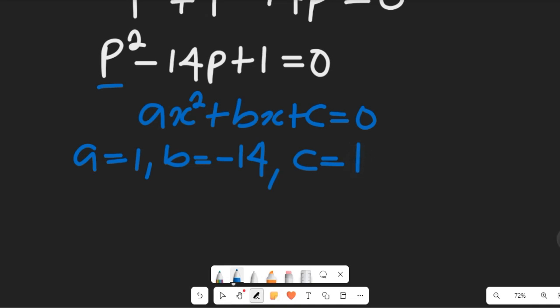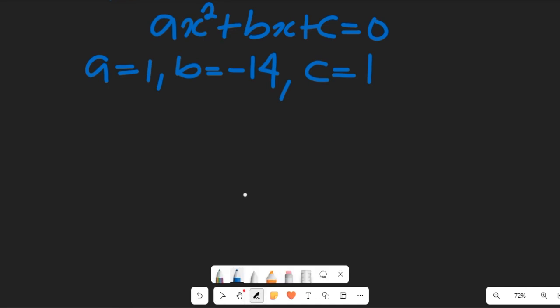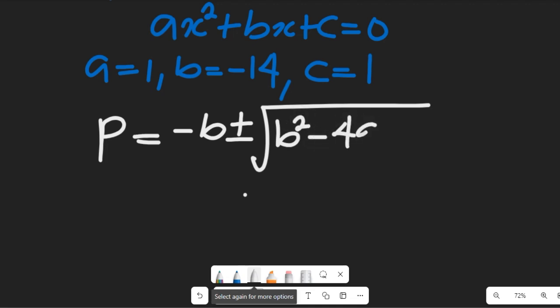So if we solve that quadratic expression, we're going to have the solution to p. So from there, we can see that our p will be equal to negative b plus or minus the square root of b squared minus 4ac, and all of these will be divided by 2a.